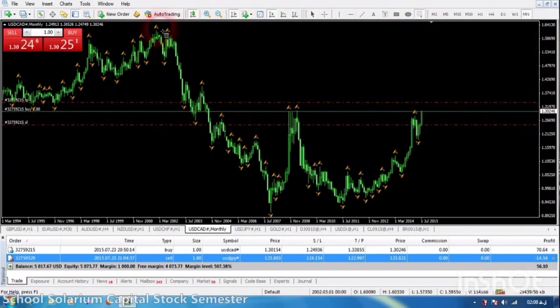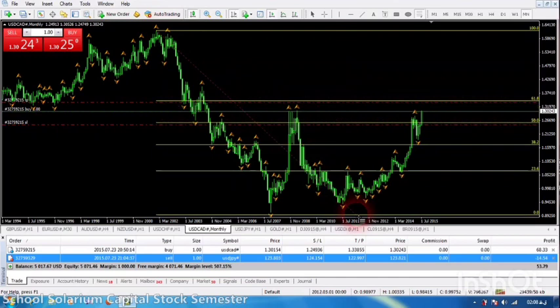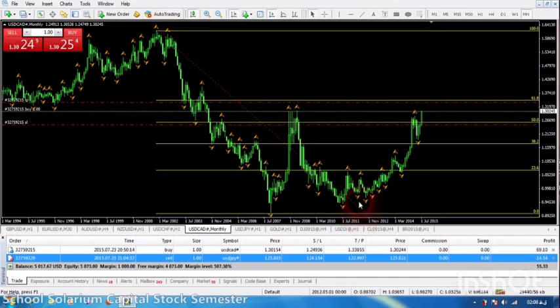So the main thing that the Fibonacci tool does is showing us where our resistances are. So it shows you where the price is going.